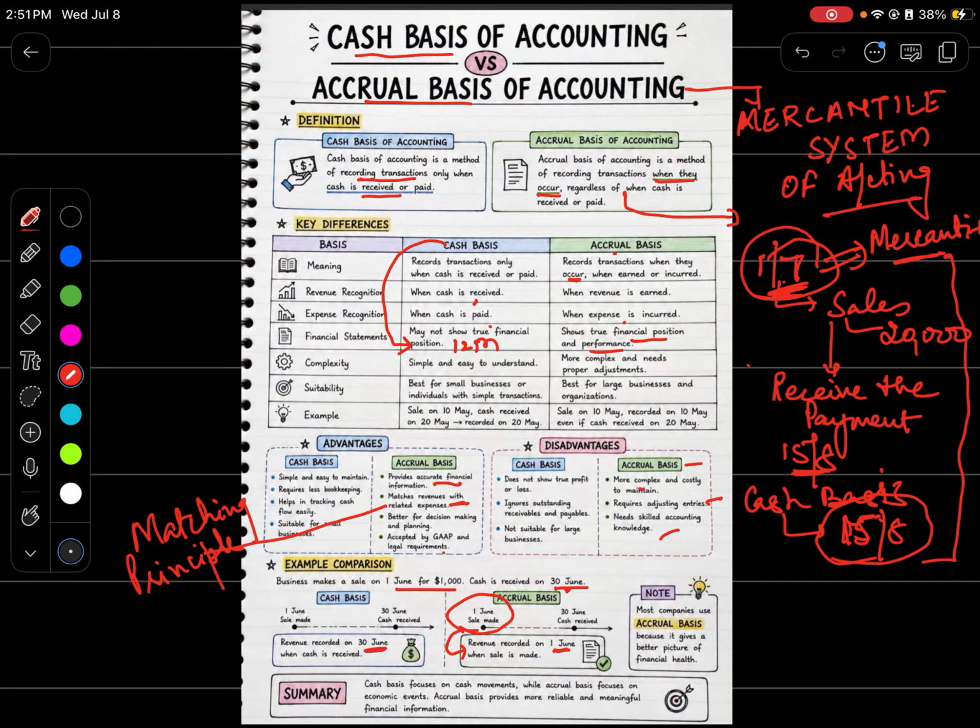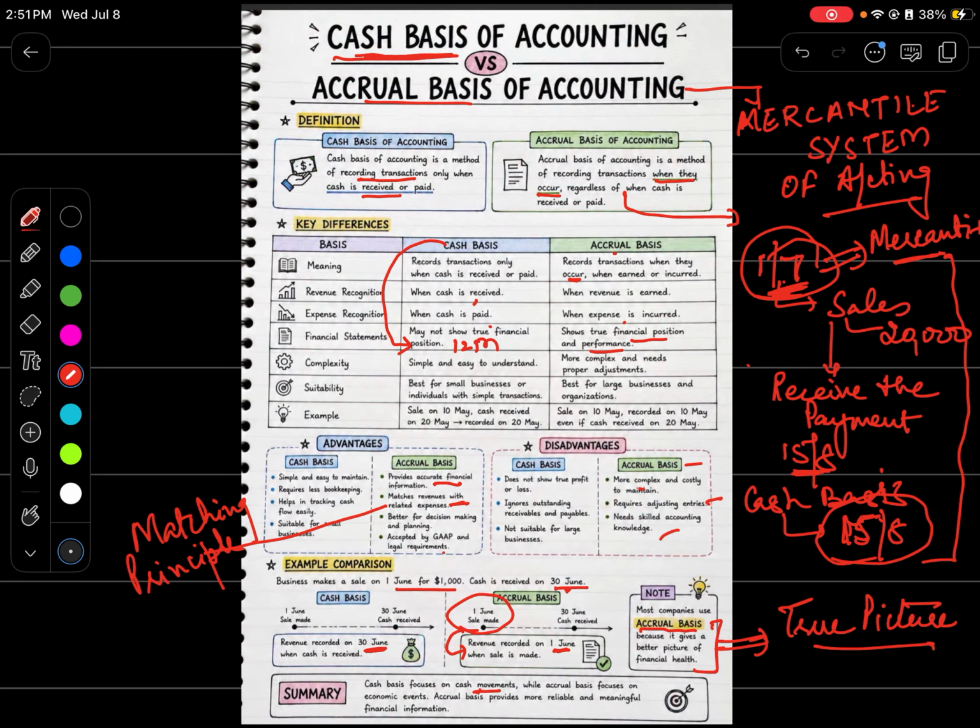Now, generally, companies follow accrual basis. Nowadays, there would be almost negligible companies which are following cash basis. Almost all the companies are following accrual basis, just because of one reason: it gives us a true picture of the business, a true picture of the organization. Ultimately, if you have to remember the gist of it, the cash basis focuses on cash movements.